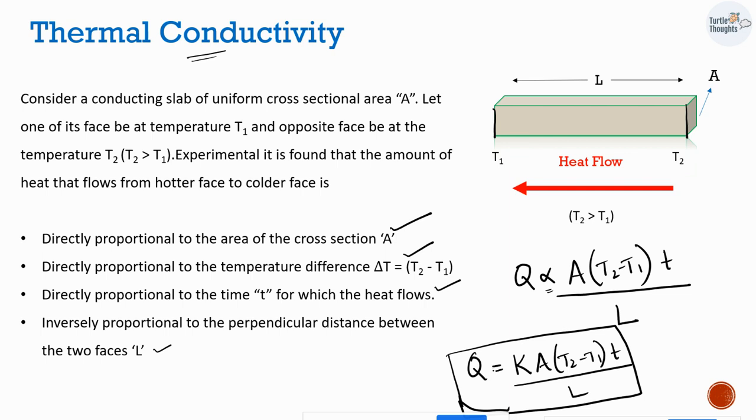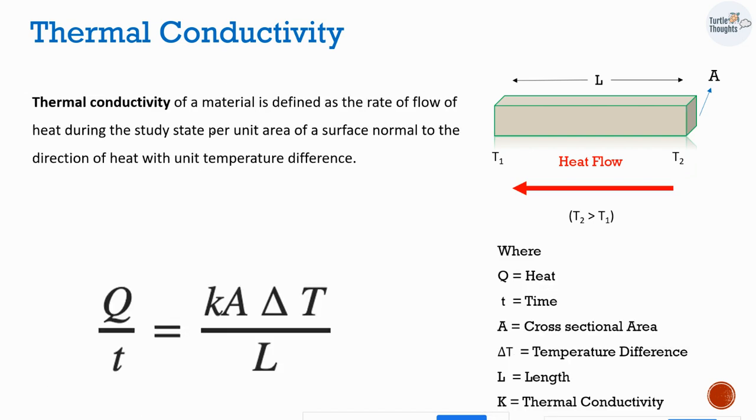In order to take the equal to sign, I need to introduce a constant. That constant is called thermal conductivity. And thermal conductivity is defined as the rate of flow of heat during a steady state per unit area of surface normal to the direction of heat with unit temperature difference.